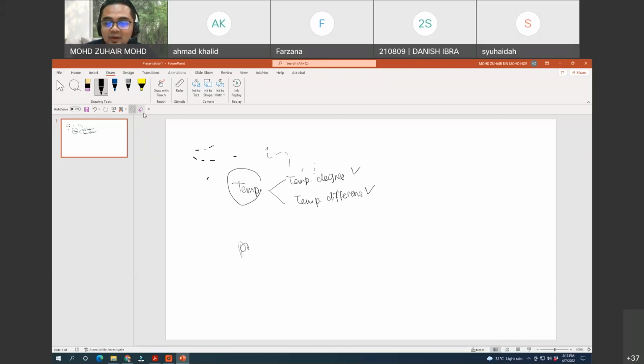And for pressure, there are also two things. The first one is gauge pressure, and the other one is absolute pressure. Gauge pressure is not related to the atmospheric pressure.